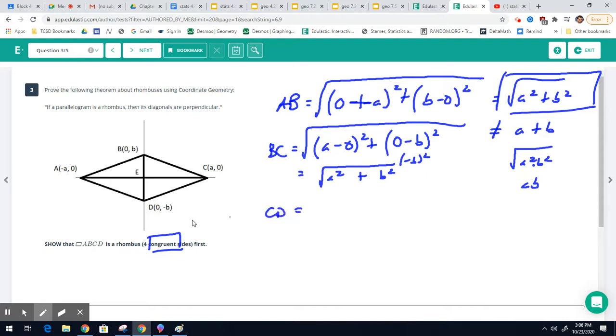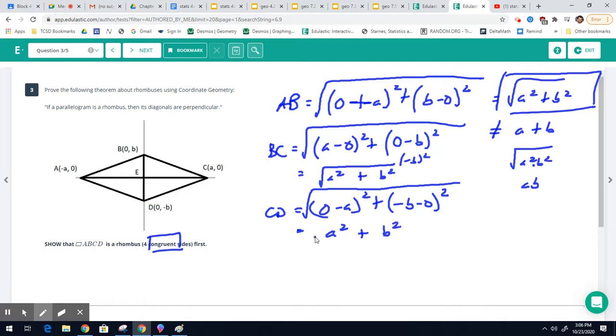All right, CD. We're going to take D minus C's coordinates. So 0 minus A squared plus negative B minus 0 squared. 0 minus A is negative A, but when you square negative A, it turns positive. Same thing here, negative B squared turns positive, B squared, inside a square root.